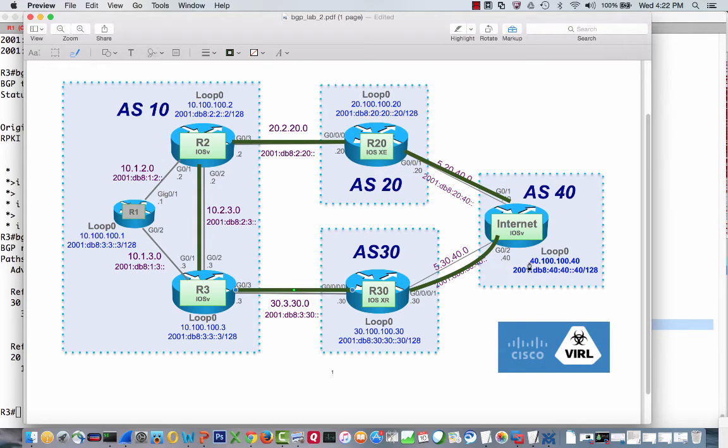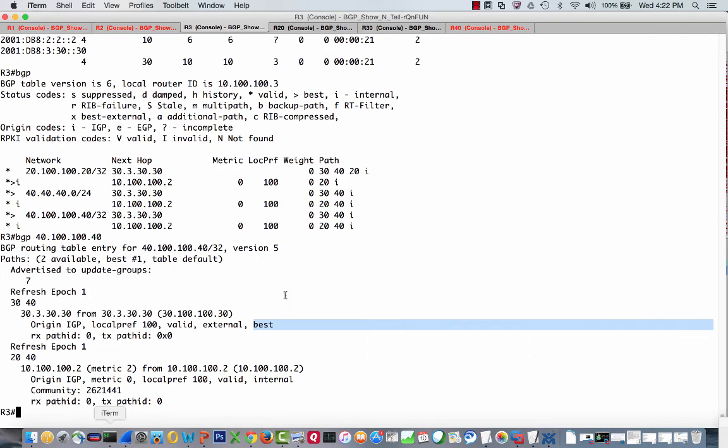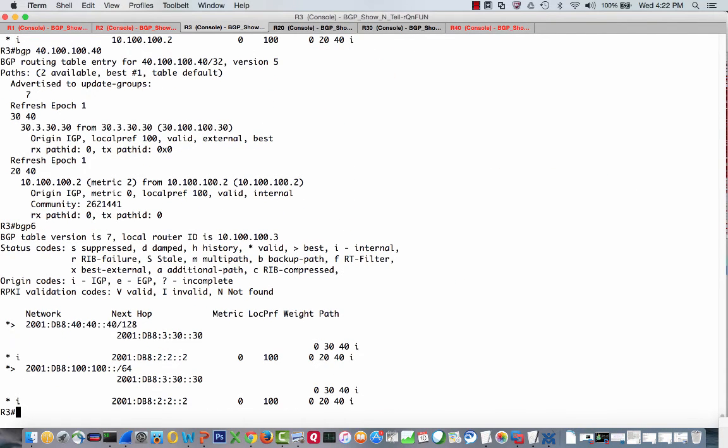R2 is going to prefer 40, 100, 140 via its eBGP peer, and R3 is going to prefer it via its eBGP peer. And this is going to hold true also for IPv6. So we're looking at 2001:db8:40:40:40.